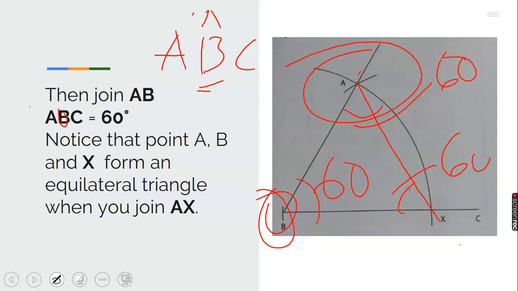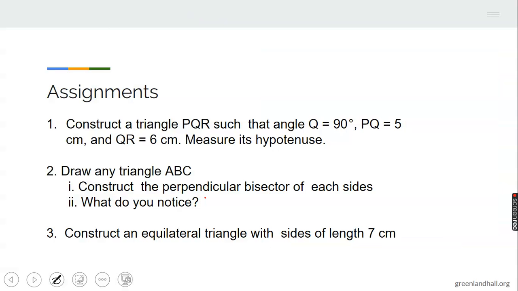You can see the angles in that triangle are all equal. We call such triangle an equilateral triangle. Also, the sides are equal. For instance, if BX is 10, AB will also be 10, and AC will also be 10 because their angles are equal. We call such triangle an equilateral triangle.